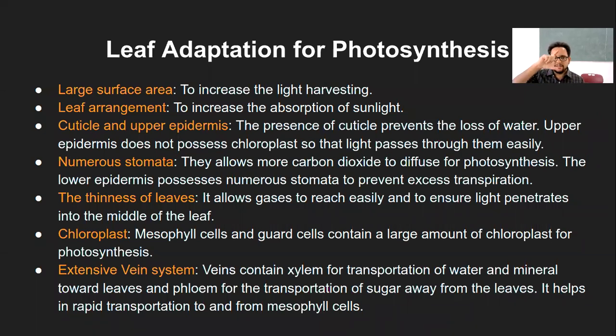One stack of grana will contain many thylakoids. One chloroplast will contain many grana, and within one plant cell, there will be many chloroplasts. And then there are thousands of such cells. So you can imagine the amount of sunlight that will be taken by the chlorophyll molecules at the end.